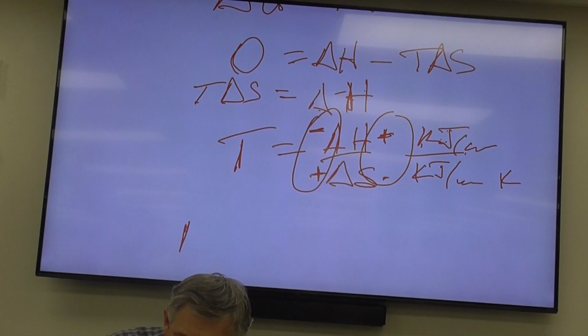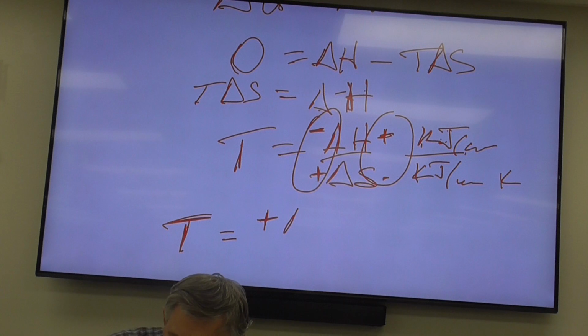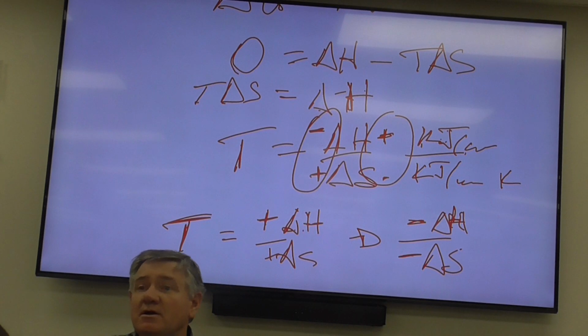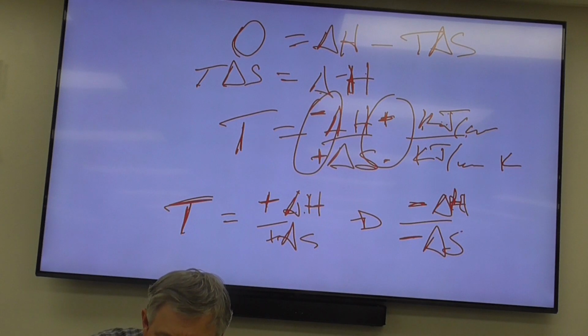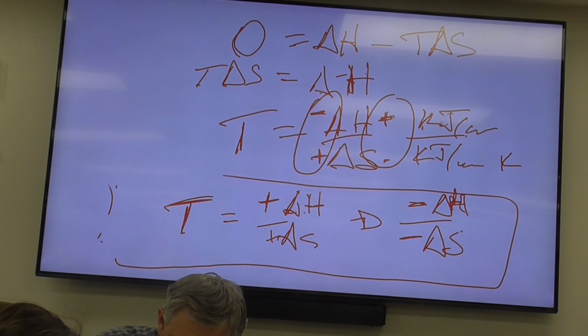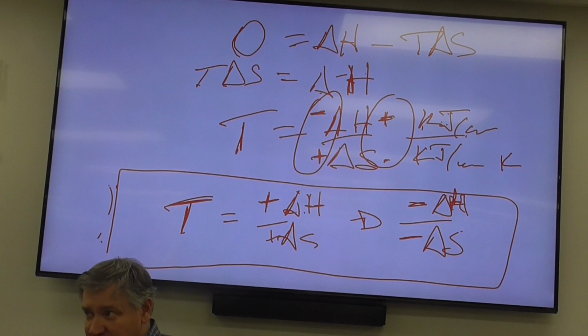So the only way that I can get a temperature that's positive is one of two things. Either I have a positive delta H and a positive delta S, or I can have a negative delta H and a negative delta S. So when you have these combinations, that means it's temperature critical because I can find a temperature that satisfies this condition.